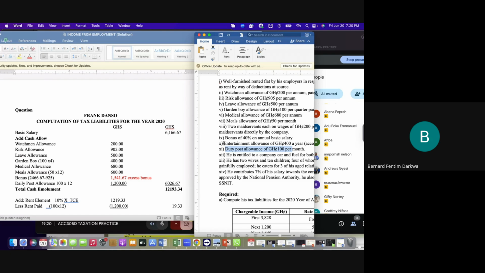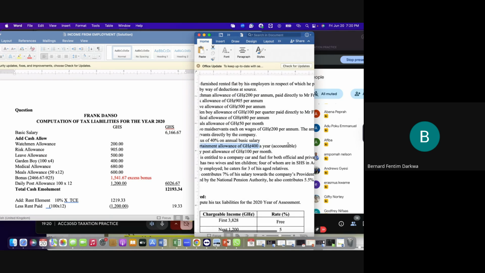Now there's another allowance which we didn't use. Look at this entertainment allowance of 400. But it says it is accountable. Once they give you entertainment allowance and they put it as accountable, don't add it to any of your workings. It means that the money, even though it was given to Mr. Frank, is not his personal money; he is going to account for it, because maybe he is the headmaster or head of the department.